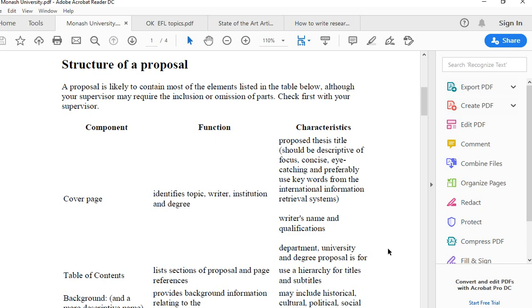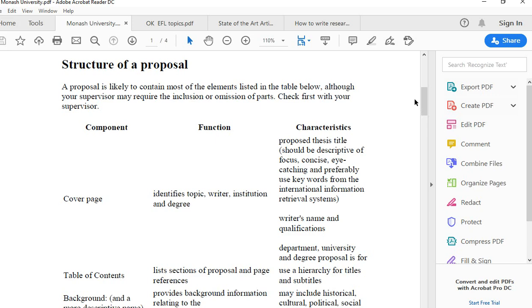Today I want to talk about the structure of a proposal. I've already talked about what the structure of a proposal is and what the different sections of a proposal are.